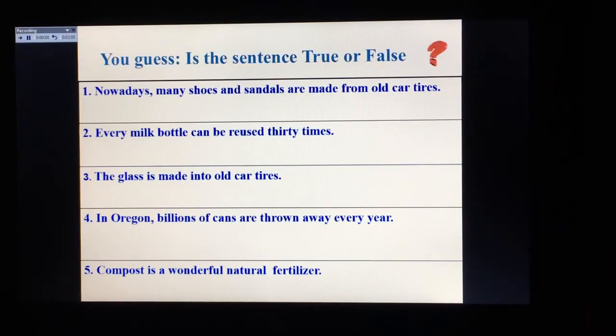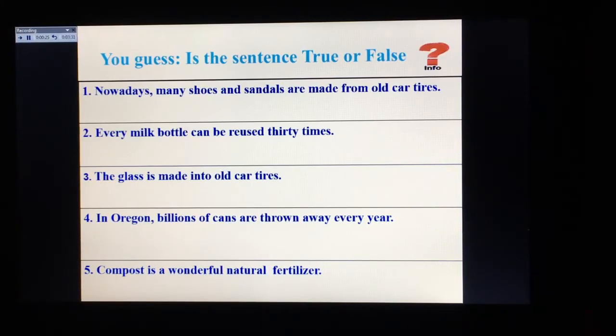Now, before we read the text, I want you to guess, is the sentence true or false? Now we have 5 sentences here. Number 1, nowadays, many shoes and sandals are made from old car tires. You think that it is true or false? You guess only.